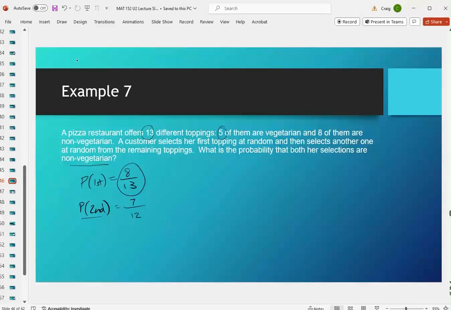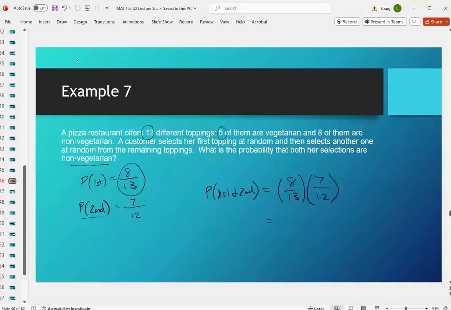To find the probability that both are non-vegetarian, so A and B in this case, or first and second, we're just going to do like we did a minute ago. We're still going to multiply them: 8 over 13 times 7 over 12. That will give us... not good enough to do that in my head, though I'm close.